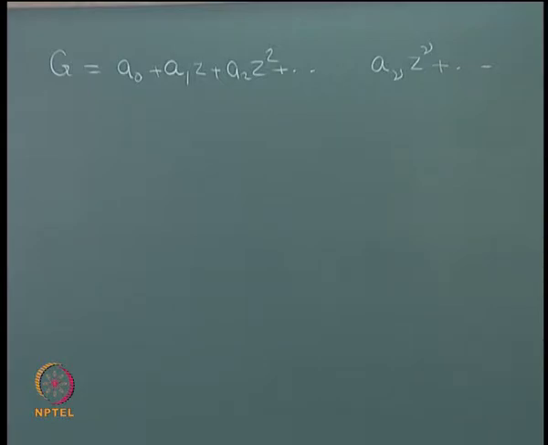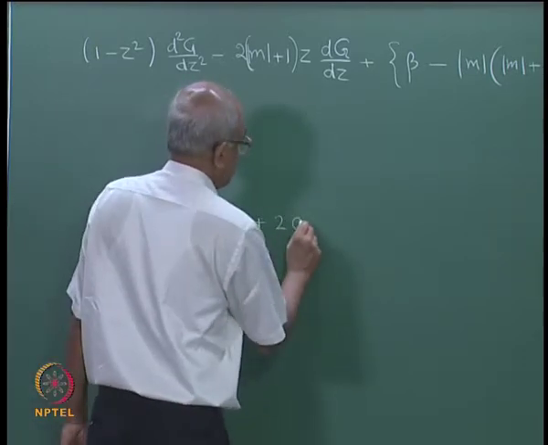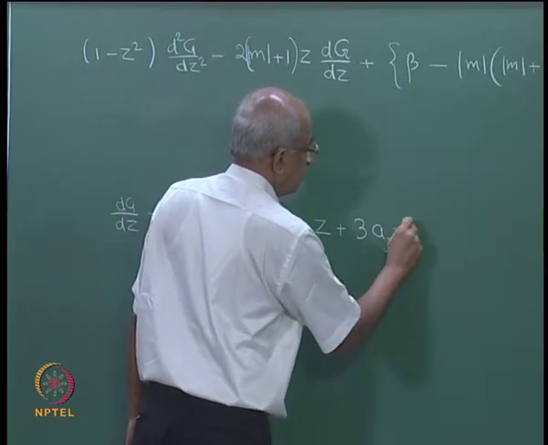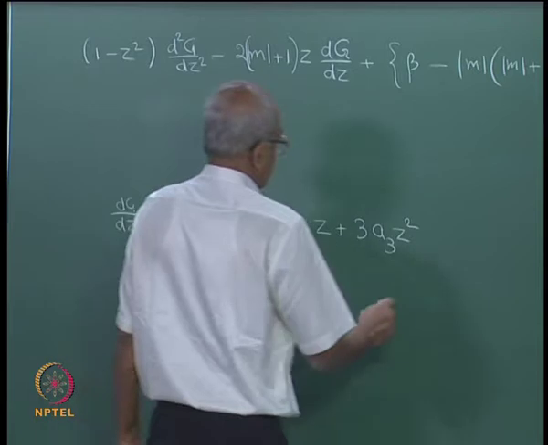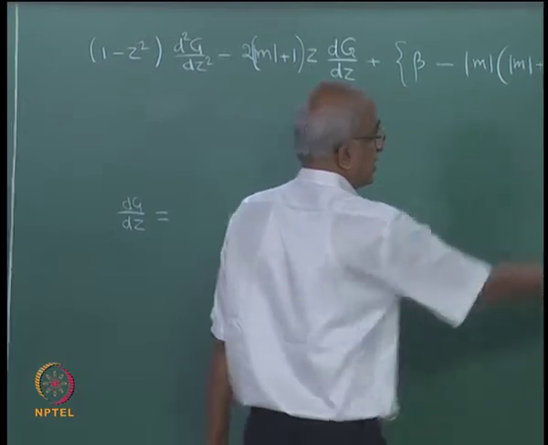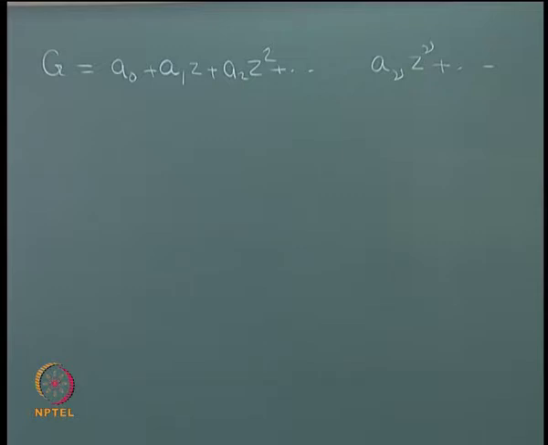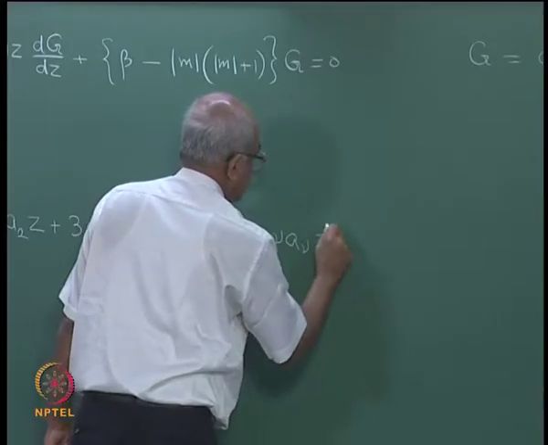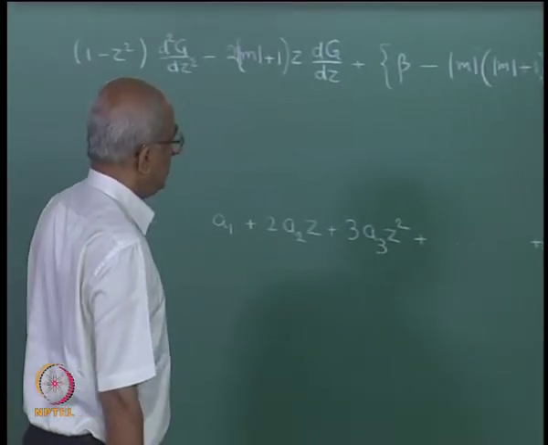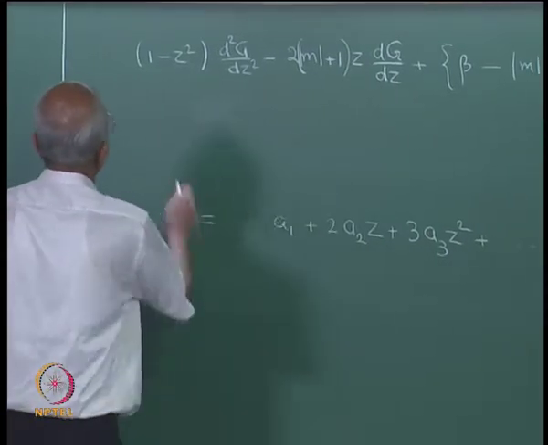So you will have A1 plus 2A2 plus etc. From the nth term you are going to get nu A nu Z to the power of nu minus 1. So this is the first derivative, and I will now write the second derivative.